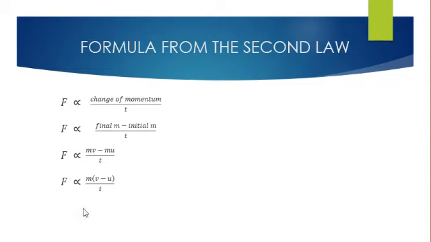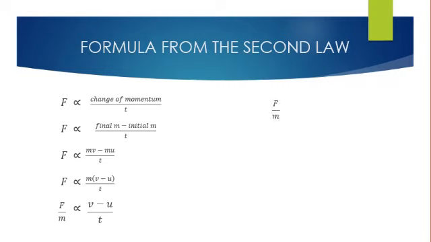So what we do is we get this m and put it as the divisor of F, and we'll have F over m, with the symbol meaning directly proportional, and we'll just have our v minus u over t on the right side. As you can see, when we multiply m by this part, we go back to this.